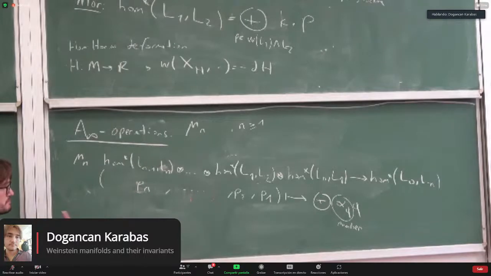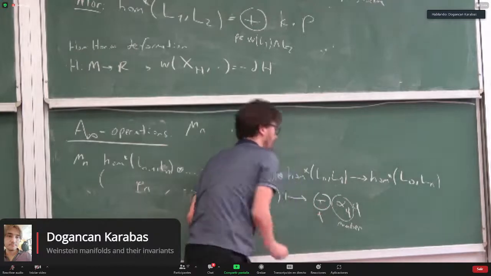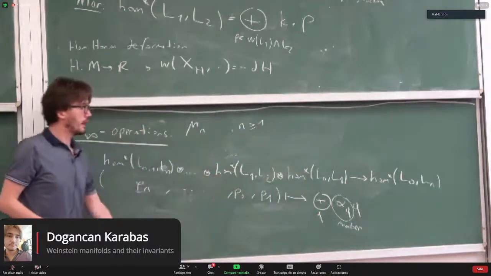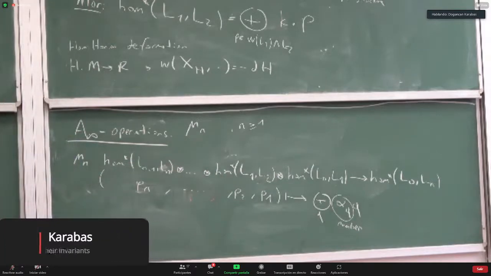And then it gives you this sum. Q is just an element of this, so it runs along Q. And this number is given by this holomorphic disk count. So let me draw here.